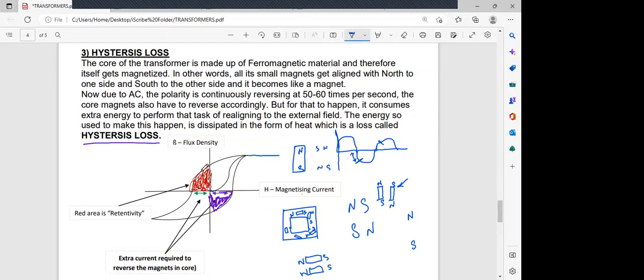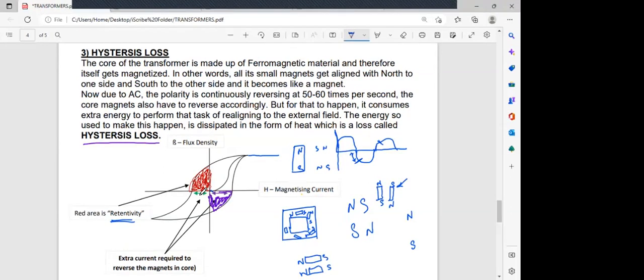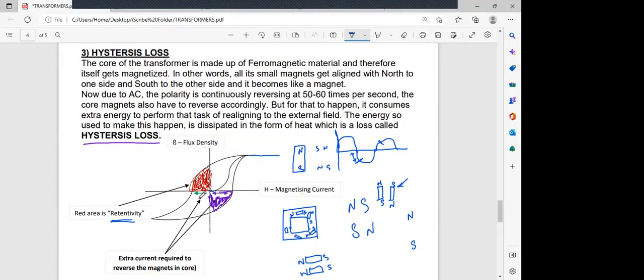This particular area where the magnets are not completely changed over into the higgledy-piggledy position is called the area of retentivity, in one direction. And the current that is used, in other words the energy that is used to bring it back into the higgledy-piggledy position, is called the reverse current, and basically it is a wasted current.